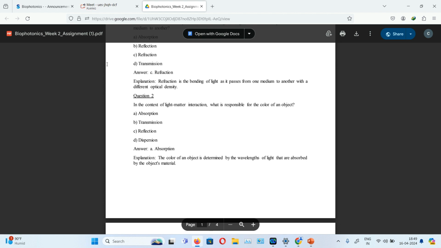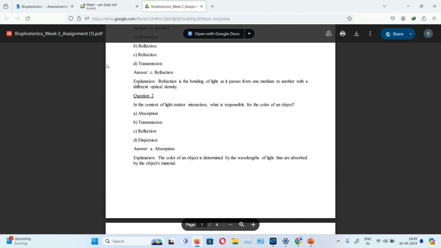In the case of transmission, what happens? The light is transmitting from one medium to another. In the transmission phenomenon itself, there are different phenomena happening. One is actually absorption, because when light is getting transmitted, it's getting absorbed. But if you're merely considering the passage of light from one medium to another, we are not considering absorption. So light is just passing with a change in its velocity.